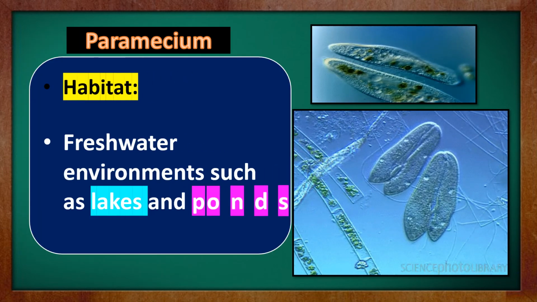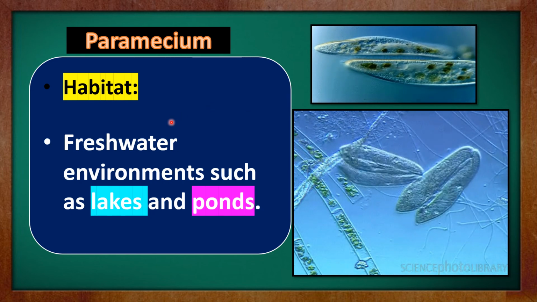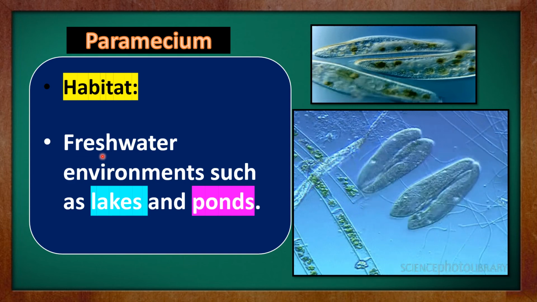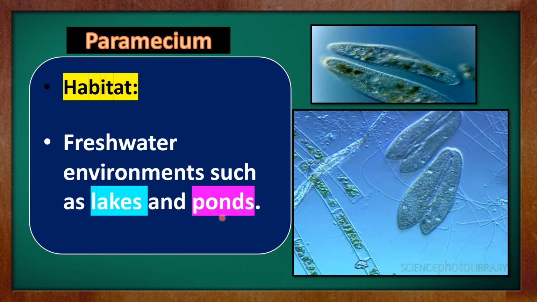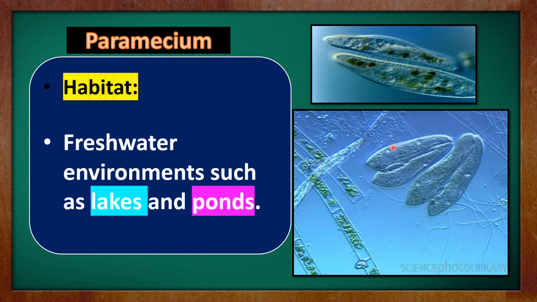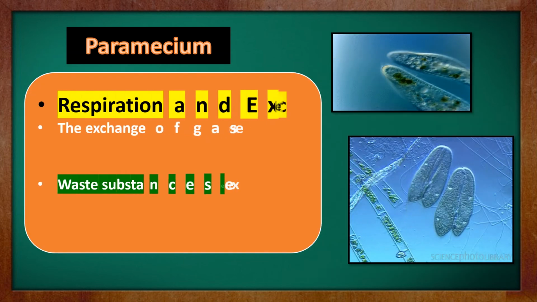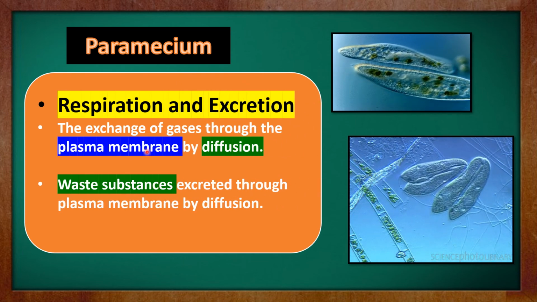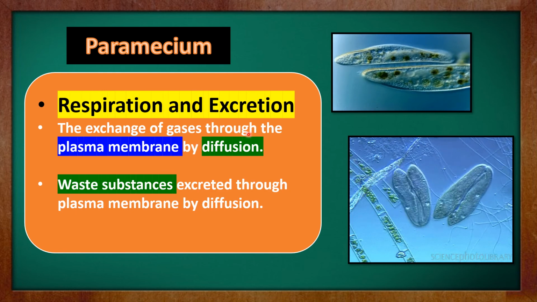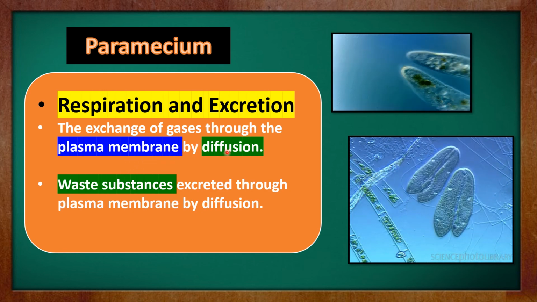Habitat. Where can we find Paramecium? The same as amoeba, it can be found in freshwater, like lakes, ponds, rivers, and canals. Respiration and excretion: the exchange of gases happens through the plasma membrane by diffusion, the same as amoeba.